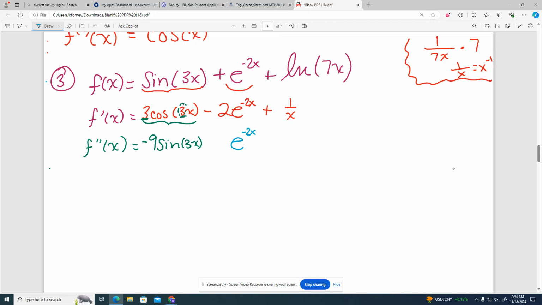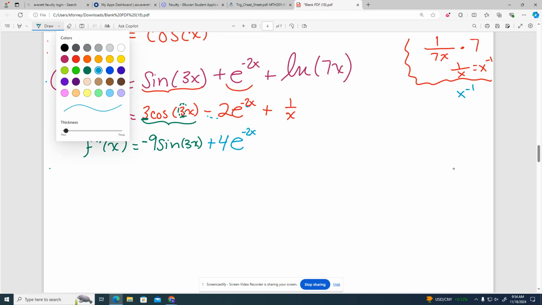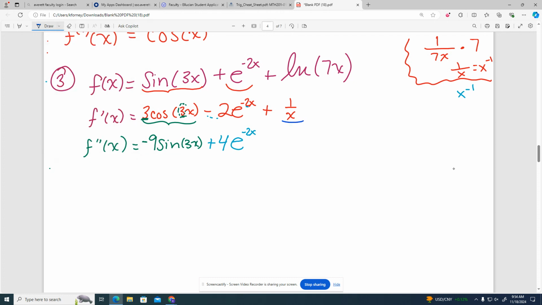It's negative 2, so negative 2 times the negative 2 becomes a positive 4. And then this is an x to the negative 1. This really is. So if I take the derivative of x to the negative 1, that becomes negative x to the negative 2.